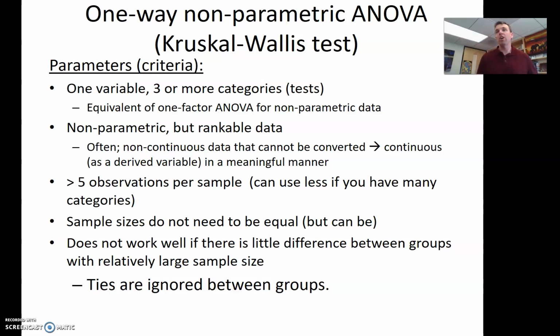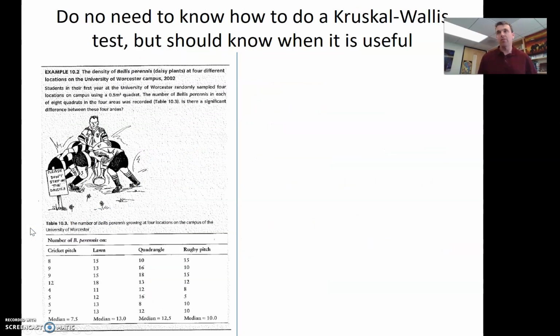All right, so let's think about when we might use this. So here's an example. The density of daisy plants at 4 different locations on the University of Worcester campus. This might seem weird because you have numbers, but you're getting the number of plants in these little areas.